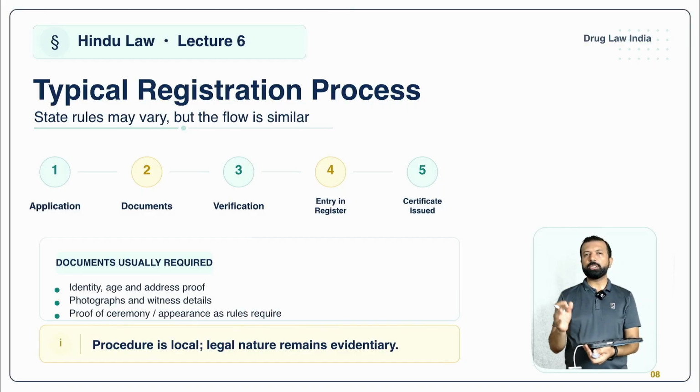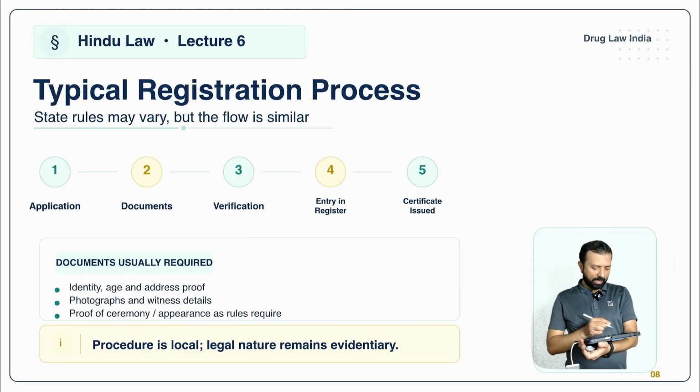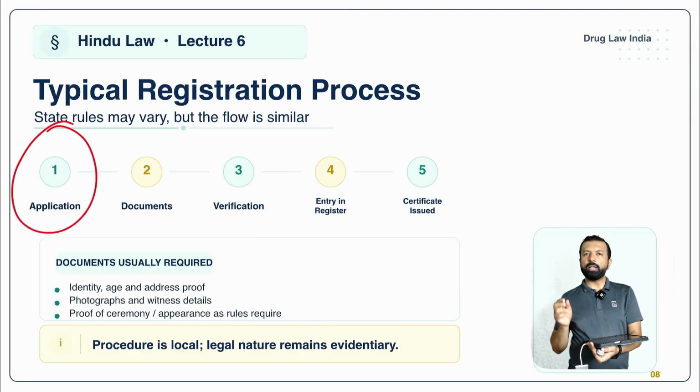The exact procedure of a marriage registration depends upon state rules, as I already said, but the usual flow is similar. First, there is an application. The parties file the prescribed form before the local marriage registrar or sub-registrar or the notified authority.